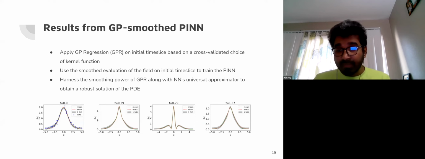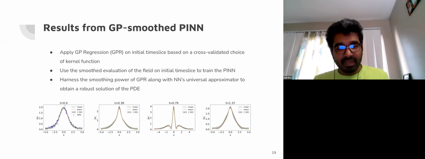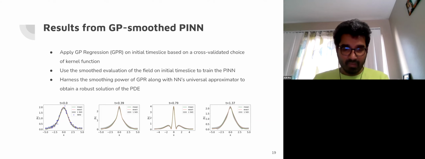And you can see at the very last, at the different time slices, the analytical solution, which is given by this green line here and also called the mean for a reason, pretty closely matches the one that is obtained from the PINN after doing a Gaussian process on the initial time slice.